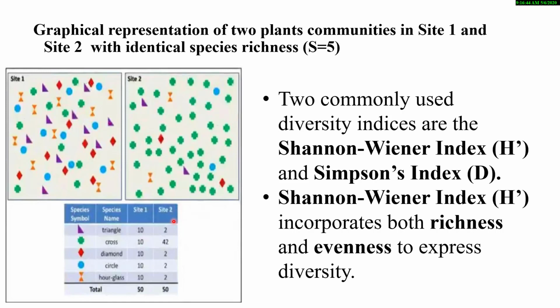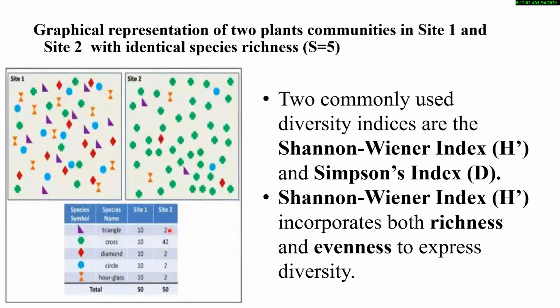50 each. But you could see that site 2 is dominated by one species, that is the green cross. If you check site 1, there are 50 individuals, 10 individuals each for the 5 different species.